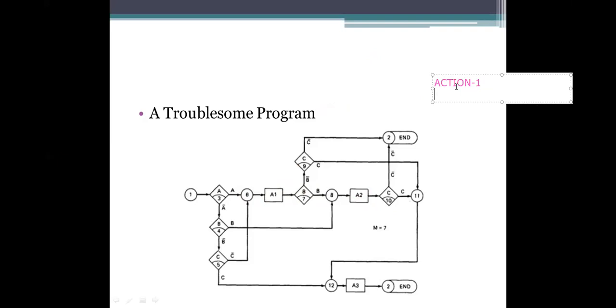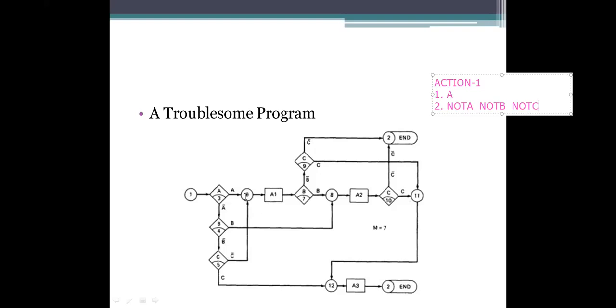To reach A1, I can go through A, the first one, simply A. And the second one here, I can use not A, that is A bar, and then not B, and then not C. So how many incomings are there for A1?